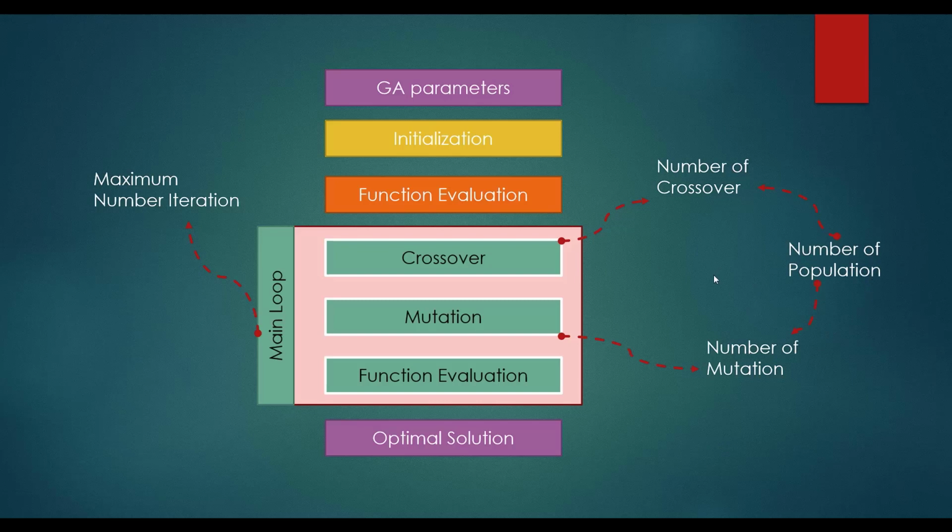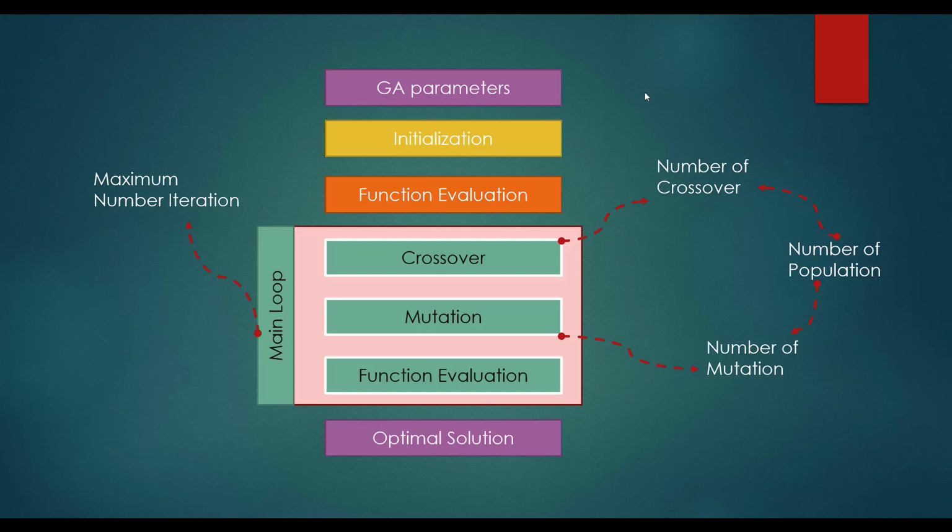So the number of population is quite important because this parameter directly impacts the other parameters. So these 4 parameters are related to the GA, and we define them in the GA parameters step.